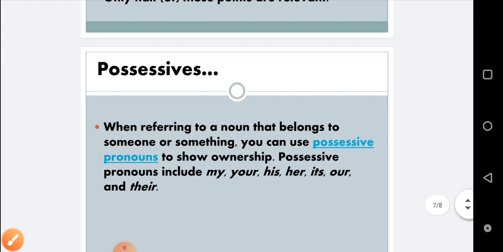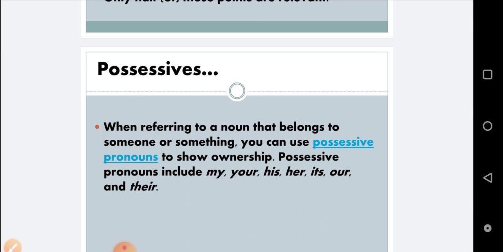Next, we have possessives. Possessives are prized possessions. Am I right? We all love to possess things and we all love to use possessives for things we possess. See how much pride you take when you say, "This is my dress.